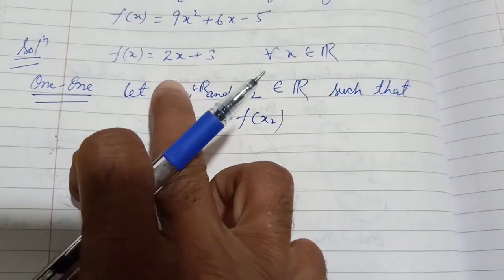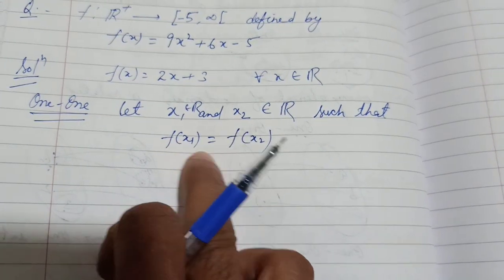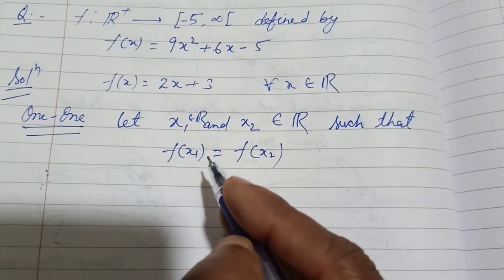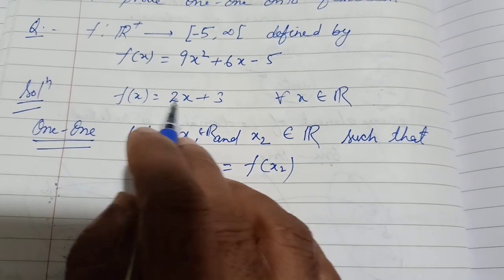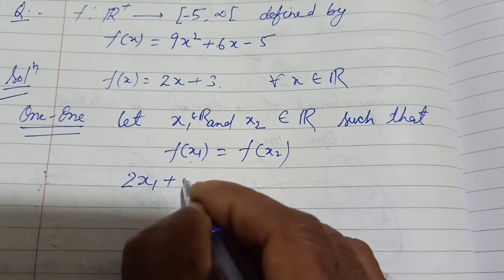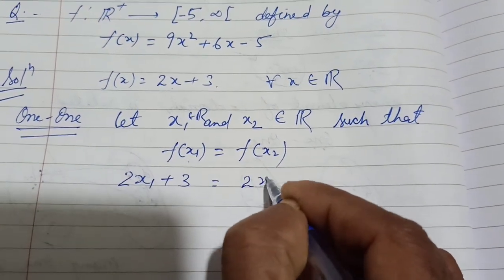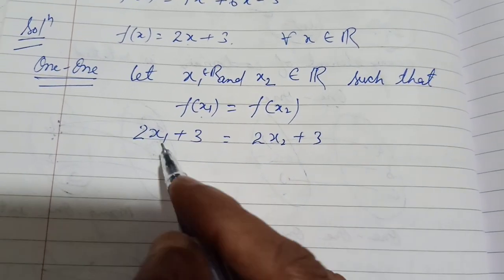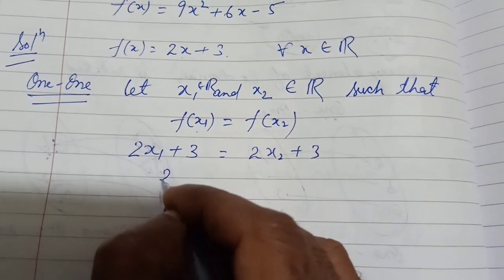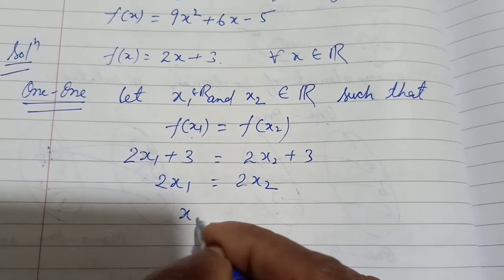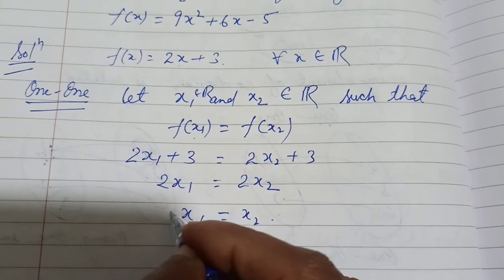Okay, we have taken two elements from the domain such that codomains are equal, that means range is equal. Then f(x) equals 2x plus 3, so f(x1) means 2x1 plus 3 is equal to 2x2 plus 3. Solving this, 3 cancels, so this gives 2x1 is equal to 2x2, or x1 is equal to x2.